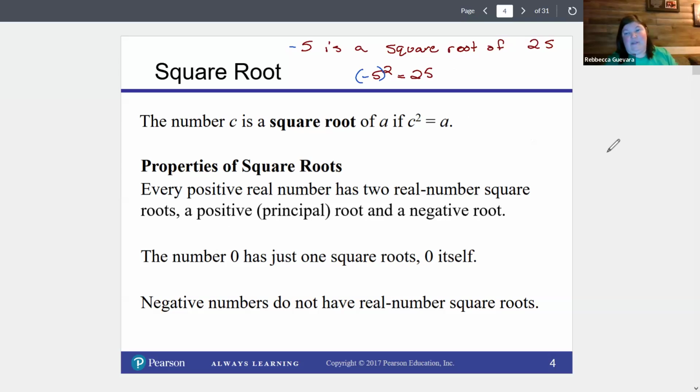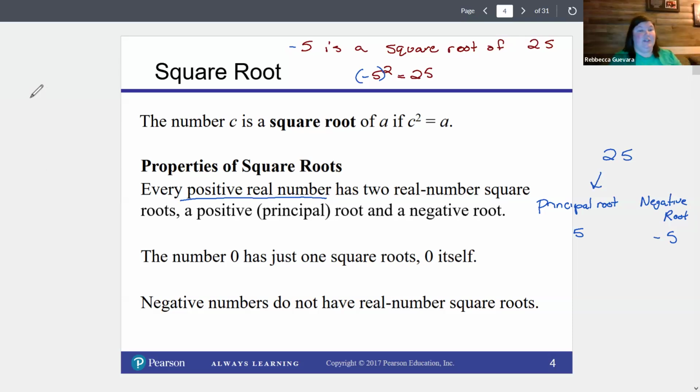So for 25, we have the principal root, which is going to be 5, and then we have the negative root, which is going to be -5. Like I said, this applies to every positive real number.